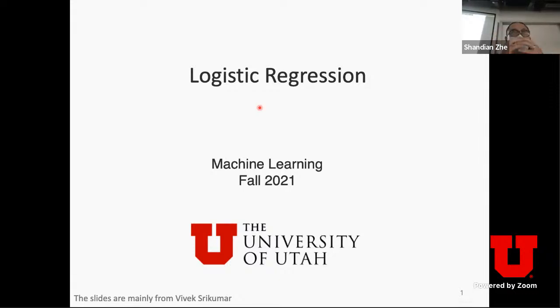We define some loss over the training set and then minimize the loss to find the best hypothesis. But in the Bayesian world, we define the best hypothesis as the one that, given the training data, is most likely to be the true hypothesis. So basically, we give some probabilistic meaning to the searching procedure.